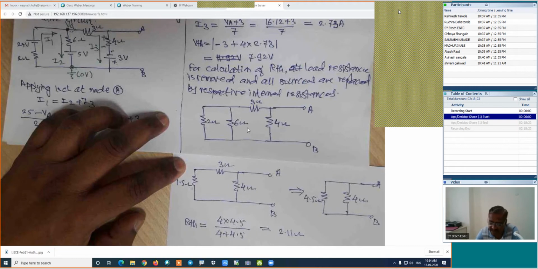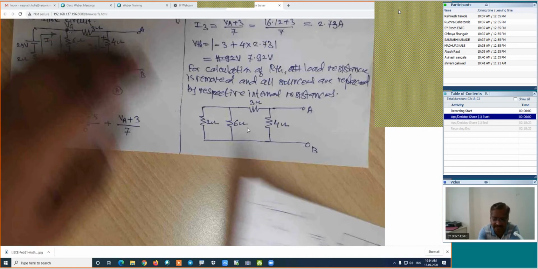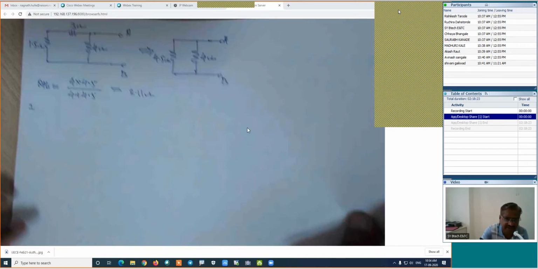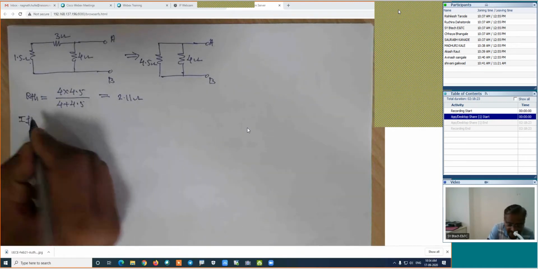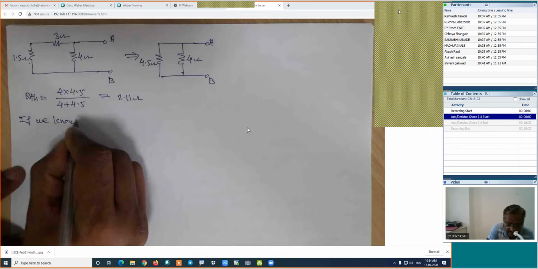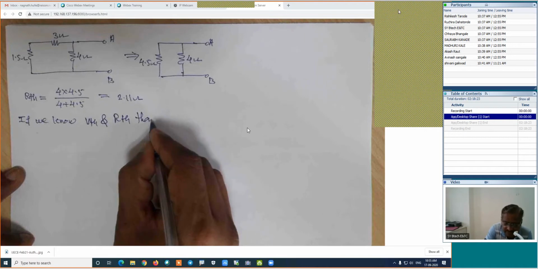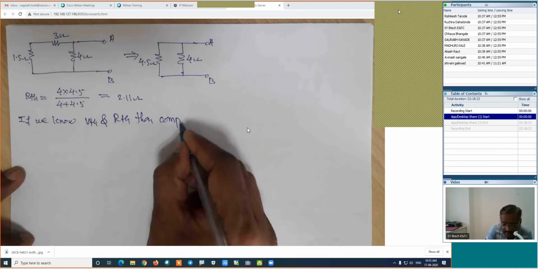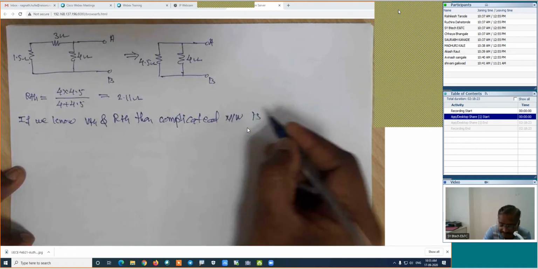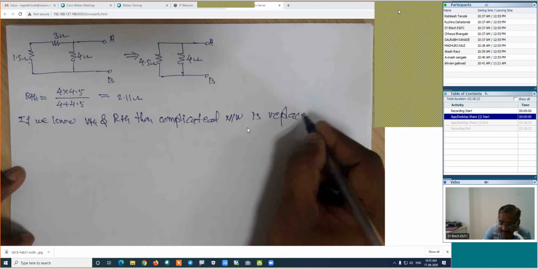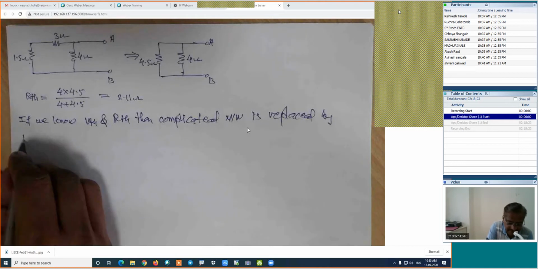Is it right? If we know the RTH, finally, I will come to this point. If we know the value of the RTH, then finally we can find out its current. If we know VTH and RTH, then the complicated network is replaced by Thevenin's equivalent network.